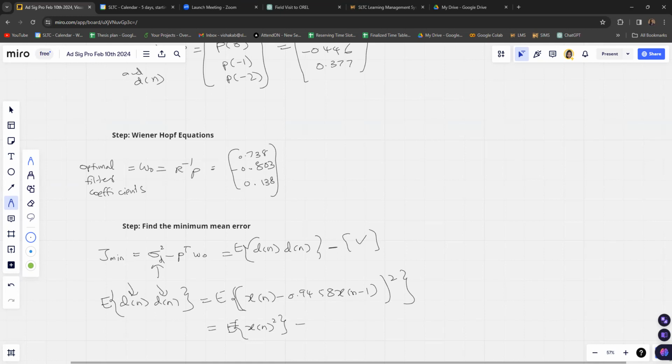So this will relate to different values of xn squared and then xn into xn minus 1. So in here, this comes 0.9458. So it should be into 2 as well, into 2 into, and then xn minus 1 squared into 0.9458 squared.